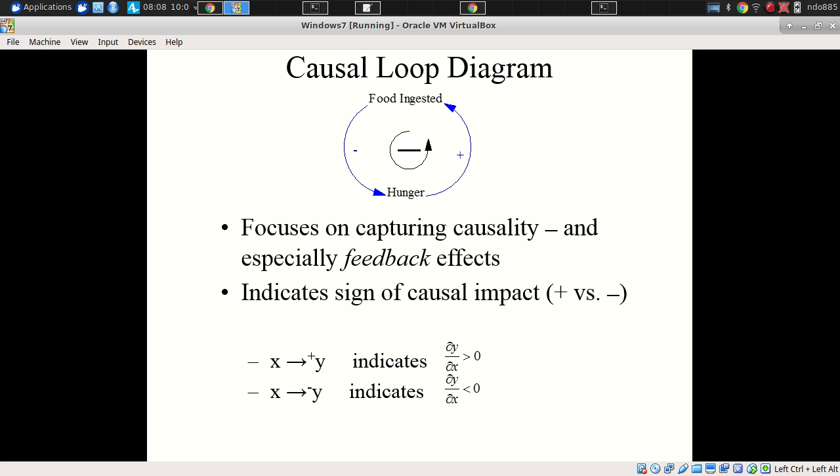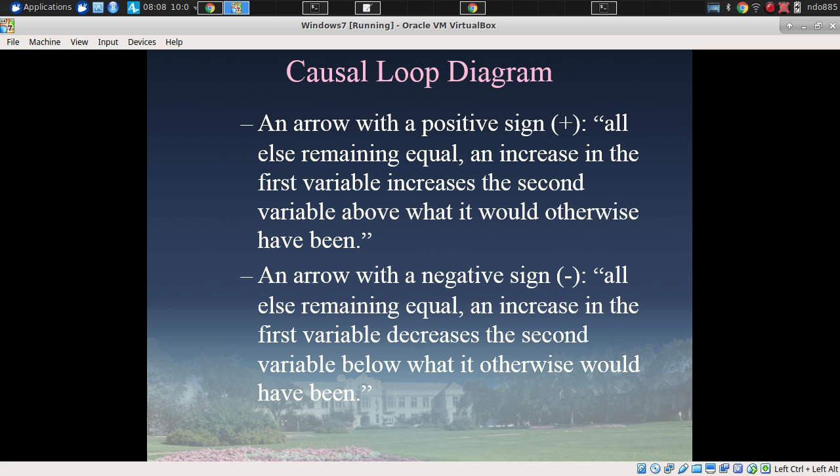Suppose we have a link from A to B, here hunger to food ingested, that's associated with a positive polarity. What does that mean? Well, what it means is that if A, hunger, rises, then B, food ingested, will tend to rise.